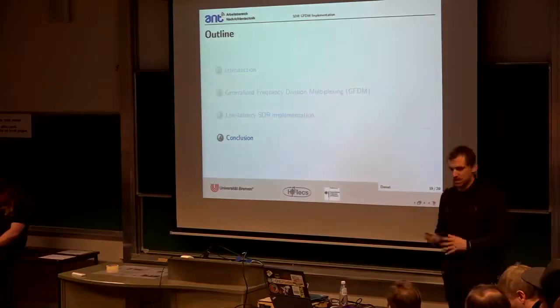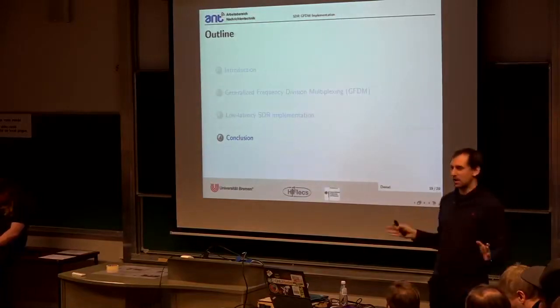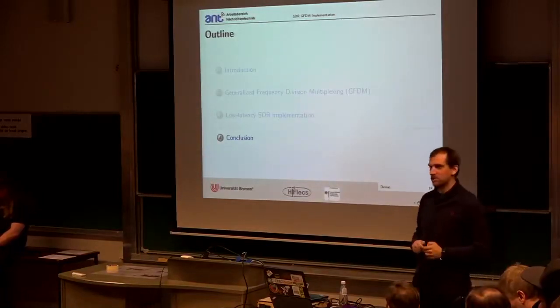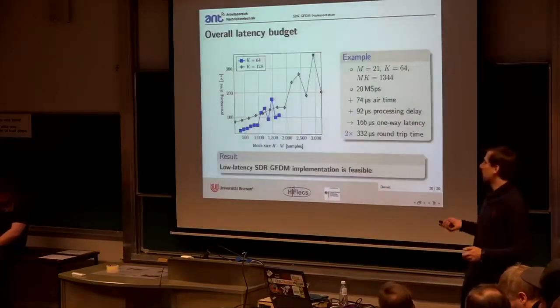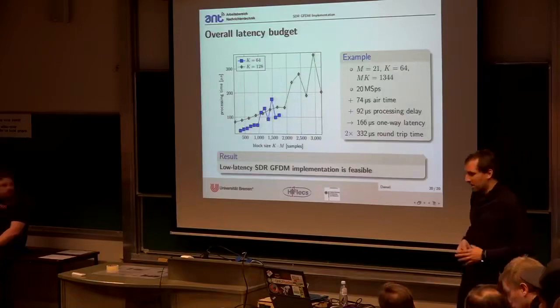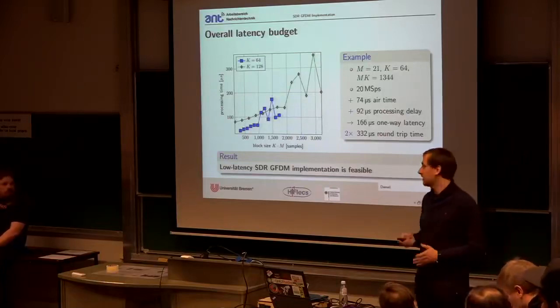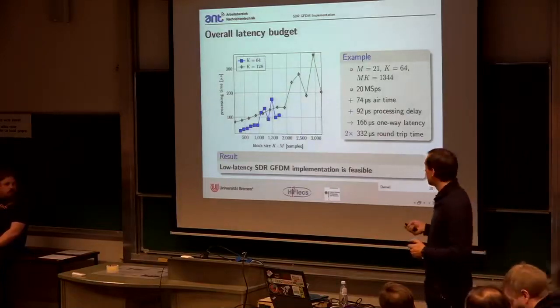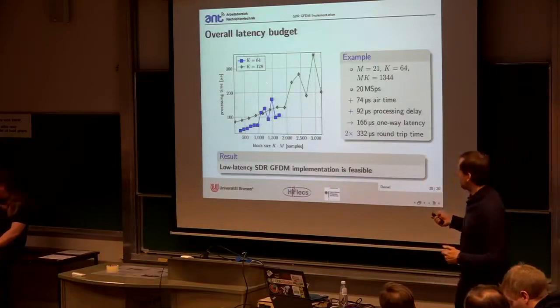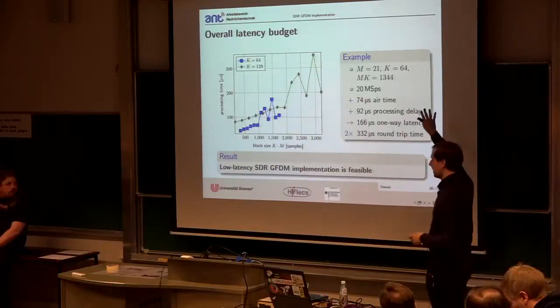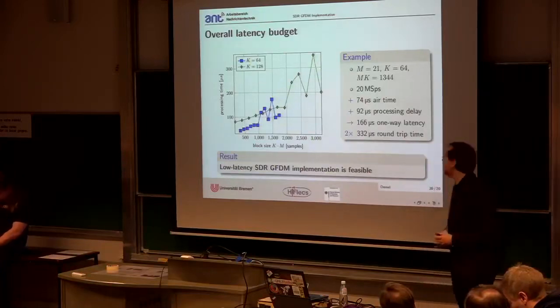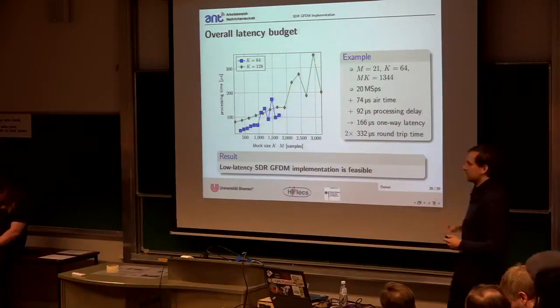So that's already almost it. I want to come to my conclusion. Here we have a look at the overall latency budget of a system that we designed for two different numbers of subcarriers. And here I just brought a little example. So if you think back, we have 64 subcarriers, we have 21 time slots.